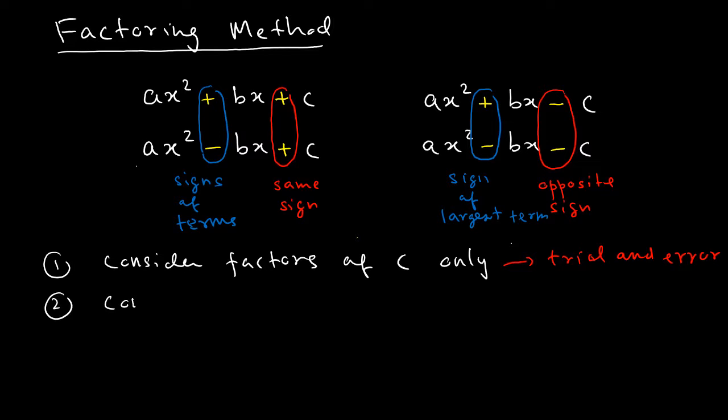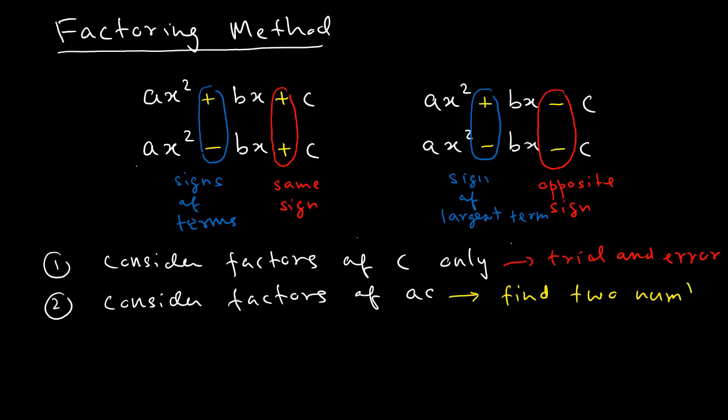The second one is the easiest one. We consider factors of the AC product, factors of both a and c. In this case we need to find two numbers, two integers actually, m and n, such that the product m times n equals AC, and m plus n equals the b term along with its sign.